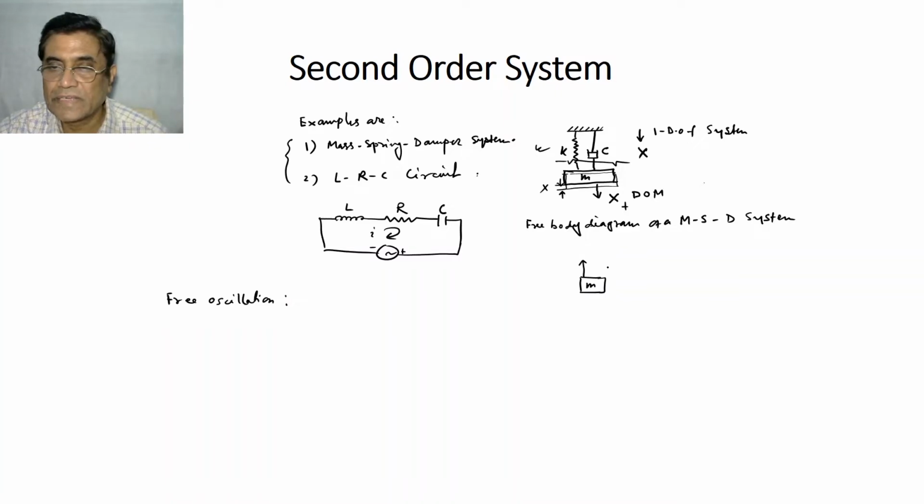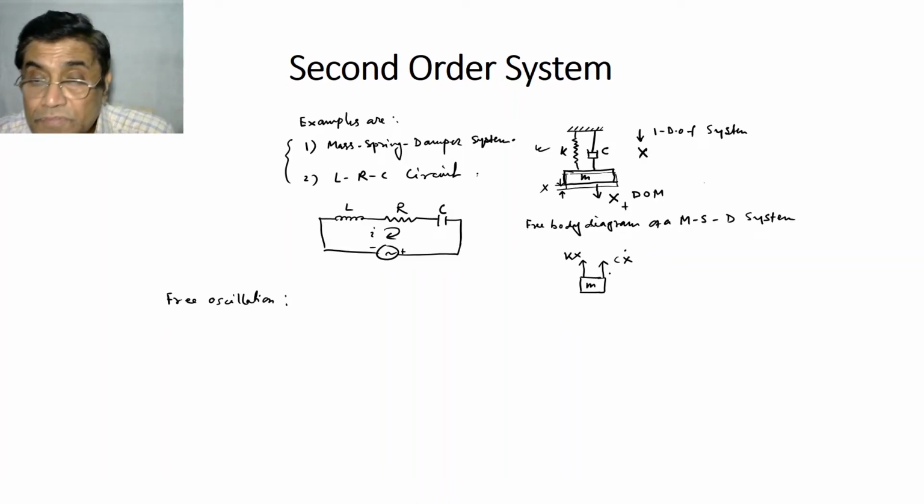So what are the forces acting and what is the differential equation of motion? That is all we are going to study now. So here is the spring force Kx, and here is Cx dot, that is the damping force.